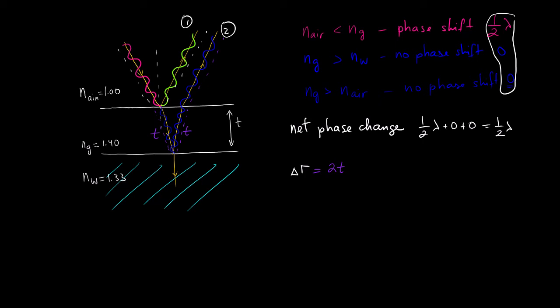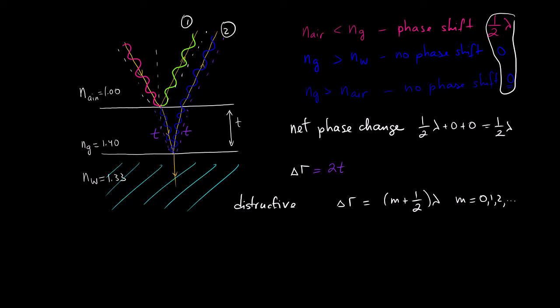Now, for the destructive interference, as we started talking about, the condition is delta R should equal (m plus 1/2) lambda, where m equals 0, 1, 2, and so on.